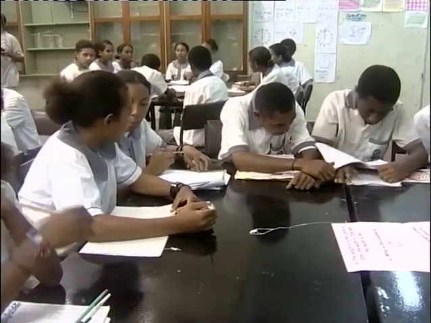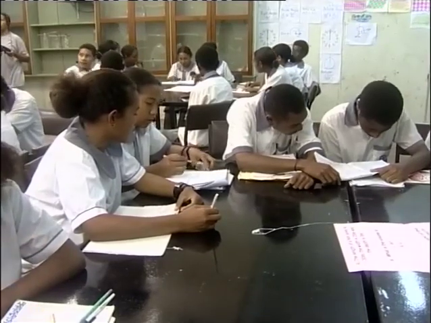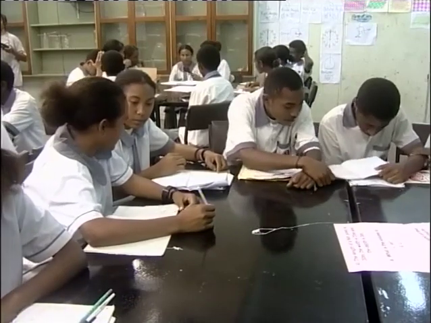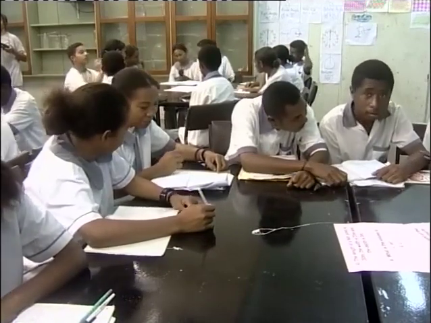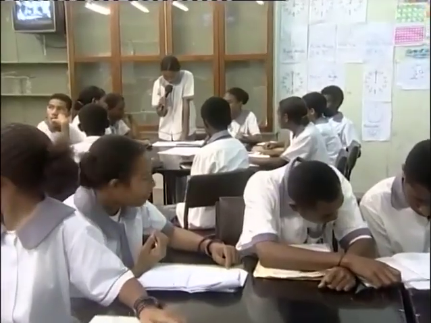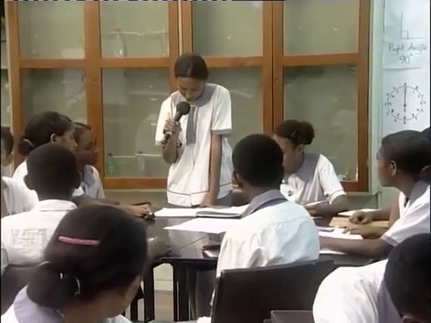Can you read out the question, please, and then the answer? Our question is question 5, and it reads, can you describe the growth progress of the child during the first year?